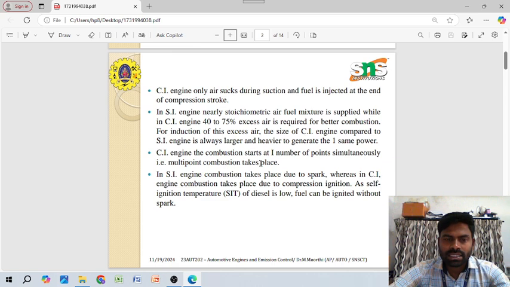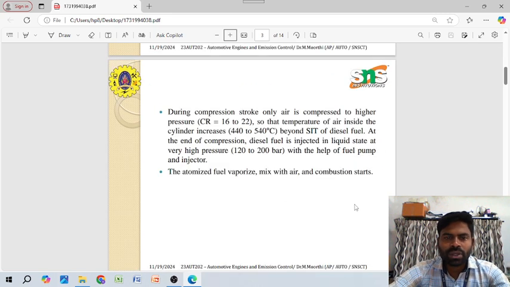In the SI engine combustion takes place due to a spark, whereas in the CI engine it takes place due to compression ignition. The self ignition temperature, SIT, of diesel is low, so the fuel can be ignited without a spark. During the compression stroke only air is compressed to a higher pressure.